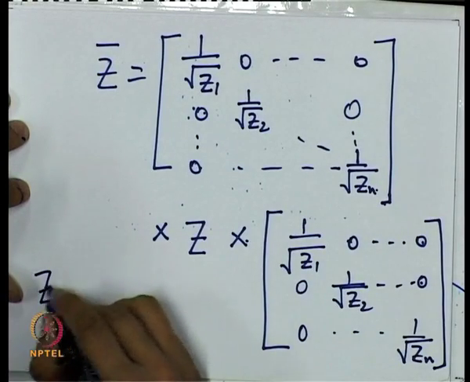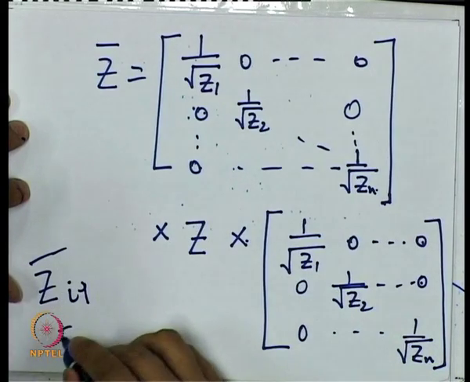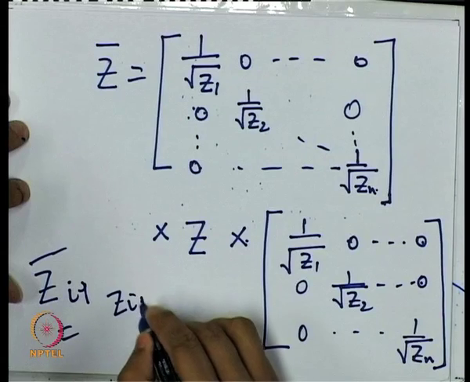So, any particular element in this normalized matrix is given like this.